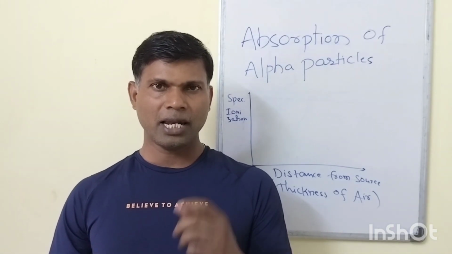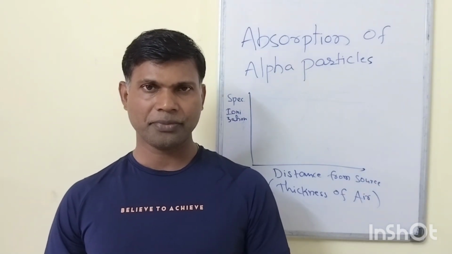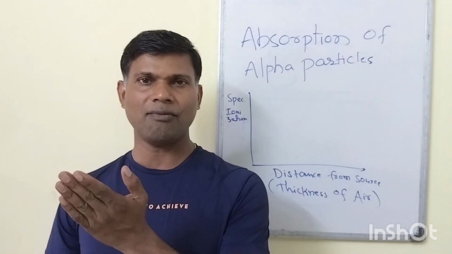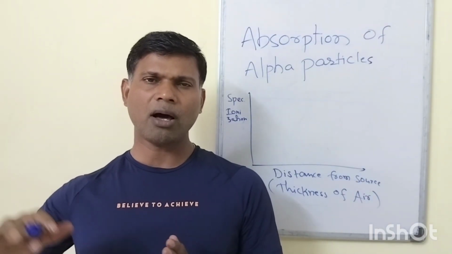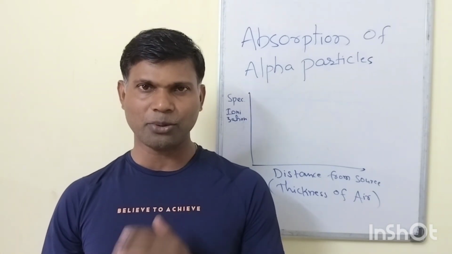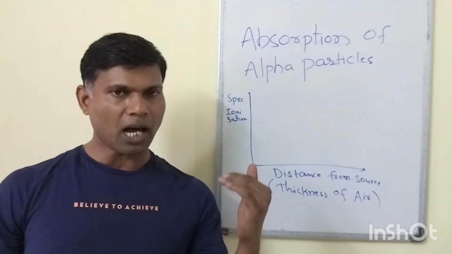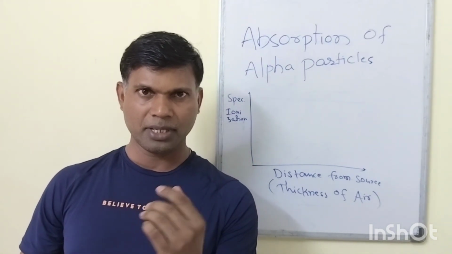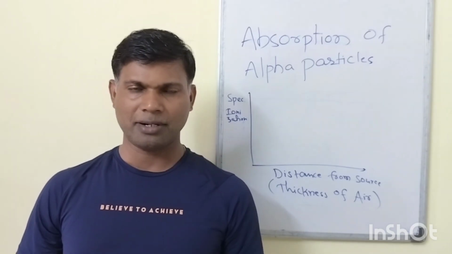Okay. Now the question is, just as it enters the medium, what is the specific ionization? After some distance traveled, what is the specific ionization? After a long distance, at the range, what is the specific ionization? That we are going to write. Certainly when it comes out from the nucleus and interacts with the medium, it will do ion formation.